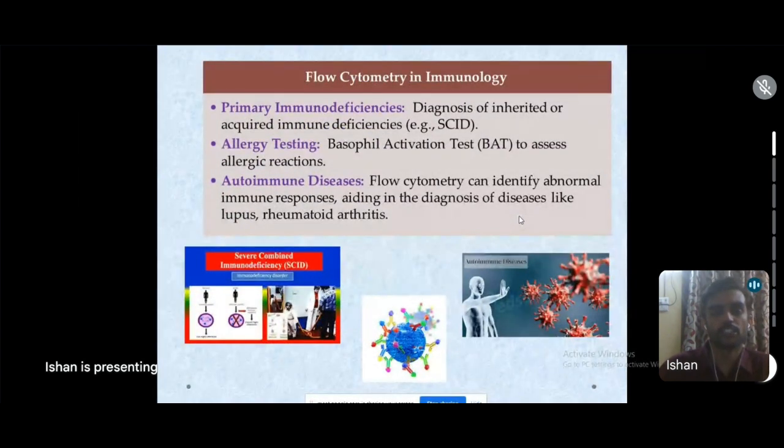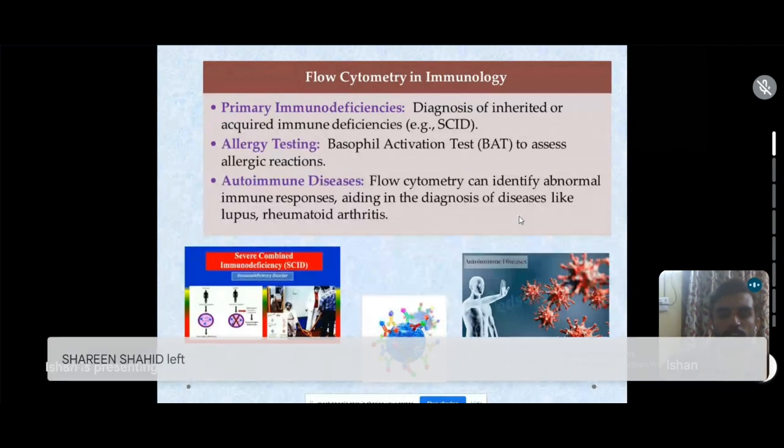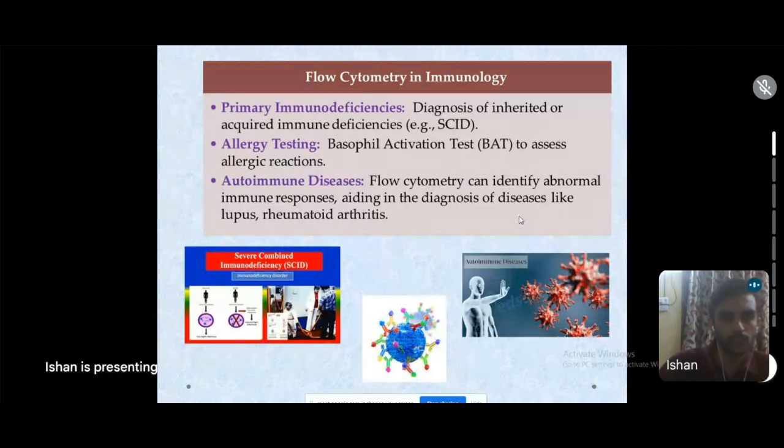Now, flow cytometry in immunology, as previously also in case of HIV. There are different other diseases also, and the immune response of the body, as soon as we give any kind of antibody or any kind of infection is there, the immune system of our body is the primary defense mechanism.